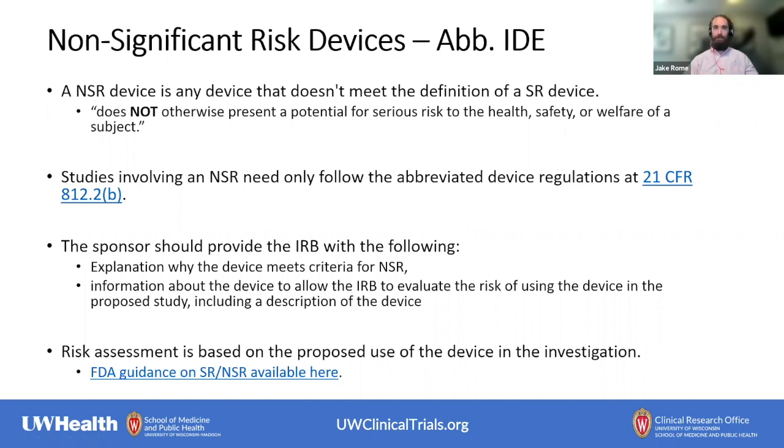You would need IRB approval. You would need to convince the IRB that the device is non-significant risk. And if the IRB agrees with that determination, then you would be able to begin the study. And for the most part, you would not need to submit anything to the FDA unless something unexpected happened, such as a serious adverse event, in which case you would need to report that to the FDA.